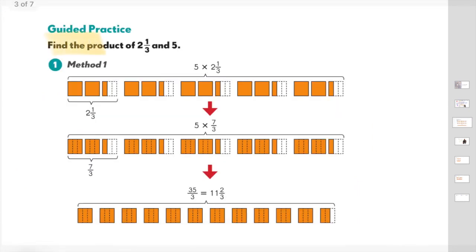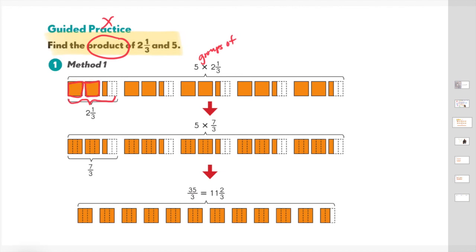Let's look at this next problem. It says find the product of 2 1/3 and 5. Now remember that in math, product means to multiply. So we're going to be multiplying. And so it's like thinking about 5 groups of 2 1/3. So here's one group of 2 1/3.